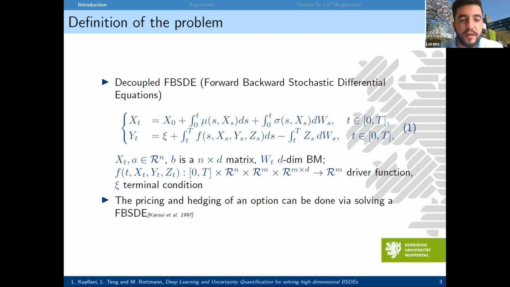And F is the driver function. The relation with the pricing and hedging of options has been known since 1997 from Nicole El Karoui. Y represents the value of the option and Z represents the hedging strategy.